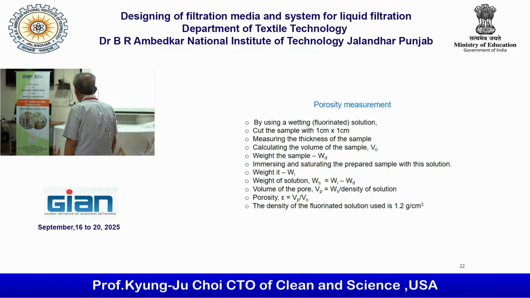You have to use the wetting solution. Cut 1 centimeter by 1 centimeter, and measure the thickness of the sample. Then calculate the volume and weight of the sample, immerse it into the wetting solution, and weigh it, and weigh the solution and the volume of pore, and then you can calculate the porosity that way. So it's quite simple.